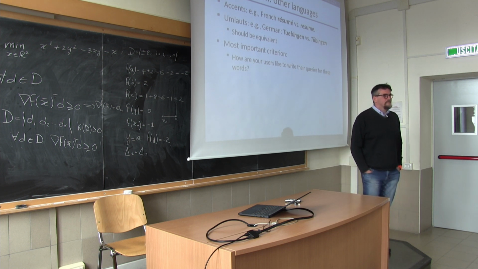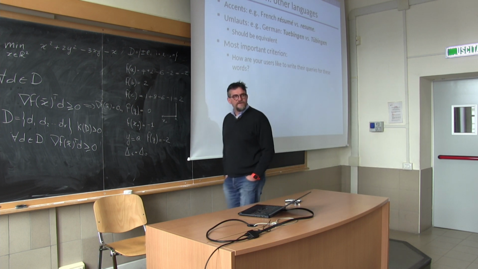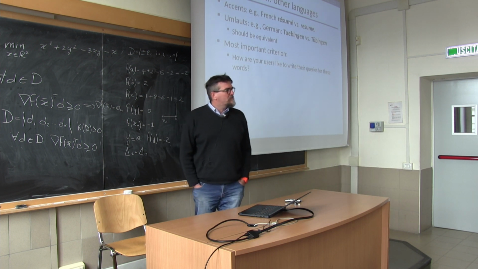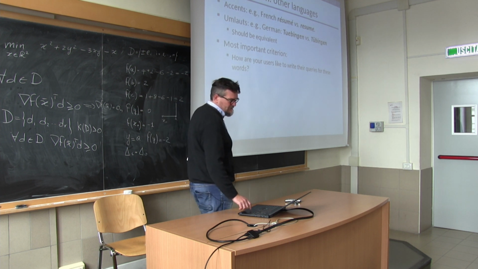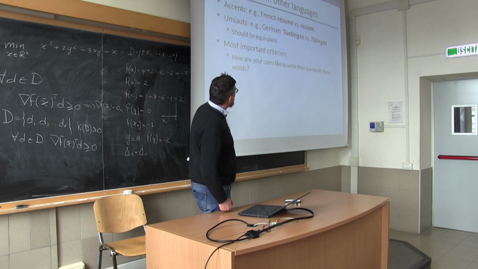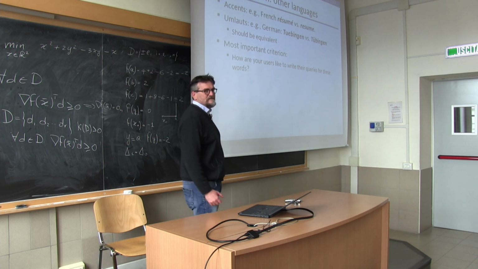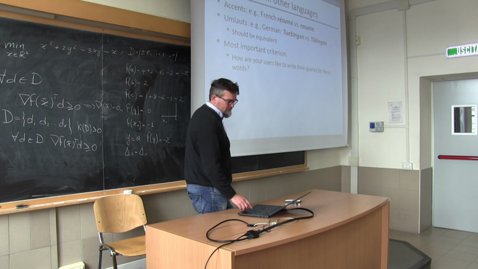So try to adapt your system to the user habits in order to provide them the most satisfactory user experience. Okay? Namely, the most important question is how do your users like to write their queries? That's it. Once you understand it, you can map it in the best way in order to normalize the queries.